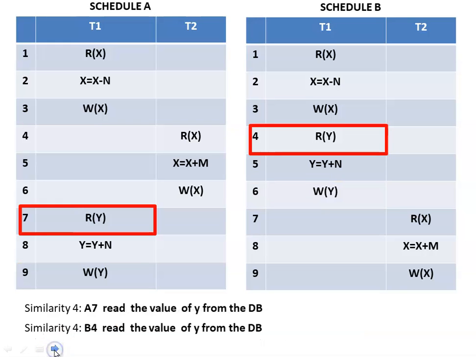Next, A4 reads the value of Y from the database. Here, instruction number 7 from transaction T1 reads the value of Y directly from the database. With respect to schedule B also, we have a read statement which reads the value of Y from the database. So here also the pattern is the same.